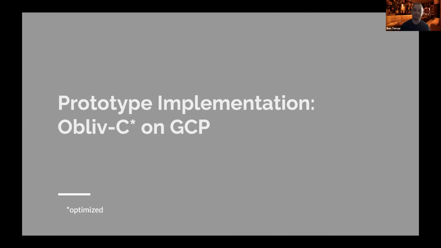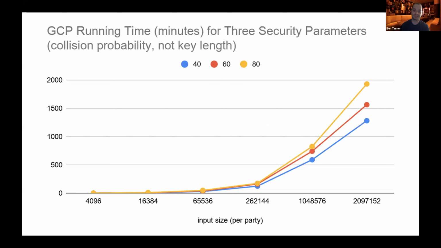Okay. Depending on, do I have a lot more time? So I can just show you some graphs. This is how long it took to run for 3 security parameters.